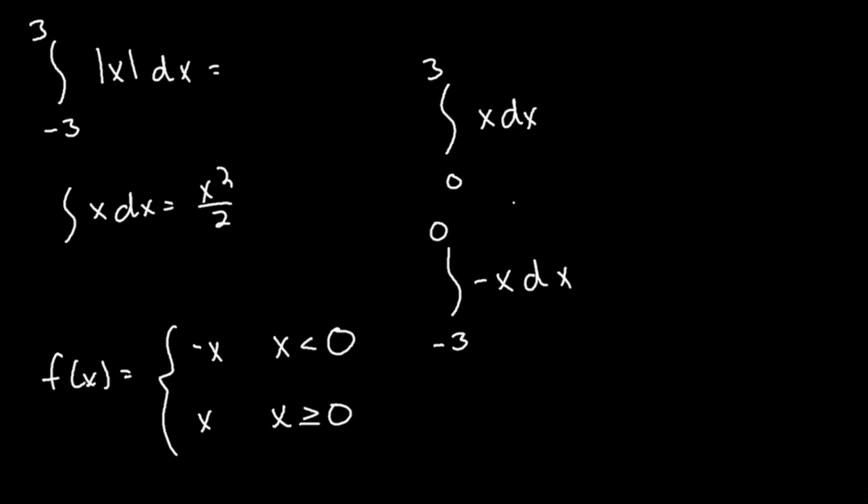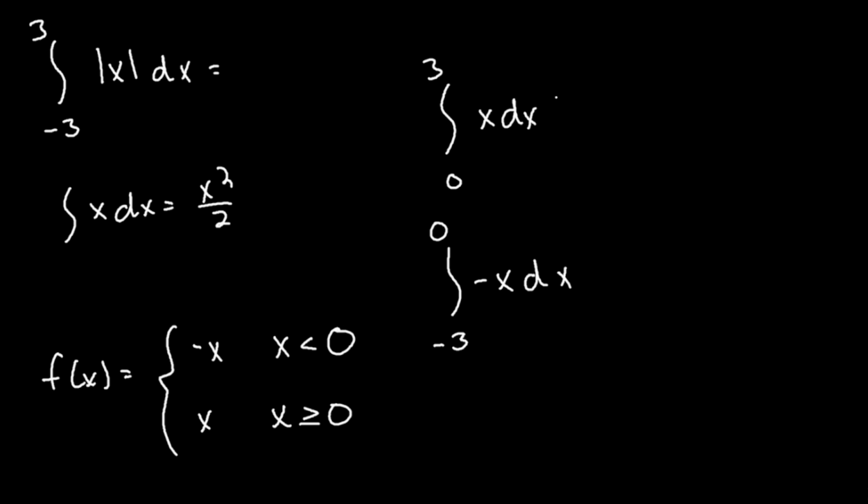And you can add the two values together at the end, and as a result, you'll get the integral from negative 3 to 3 for your function. So you can actually add integrals together by separating their bounds. The logic works out. The area all works out.